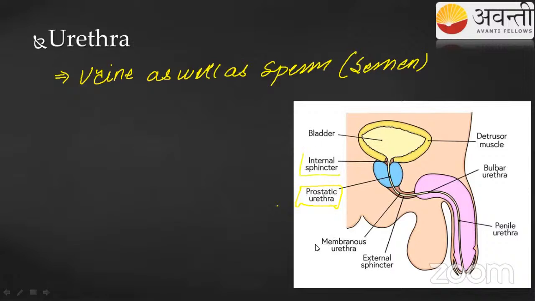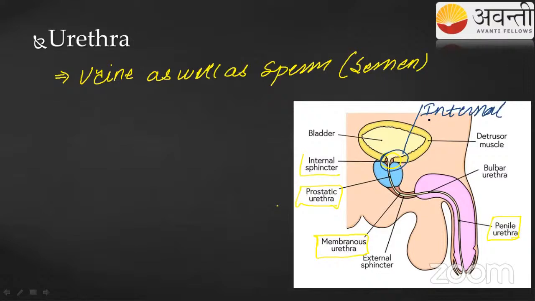Sorry, this is the penile urethra, and this is the membranous urethra. We also discussed two types of sphincter. The internal sphincter you can see here. This is known as the internal sphincter.